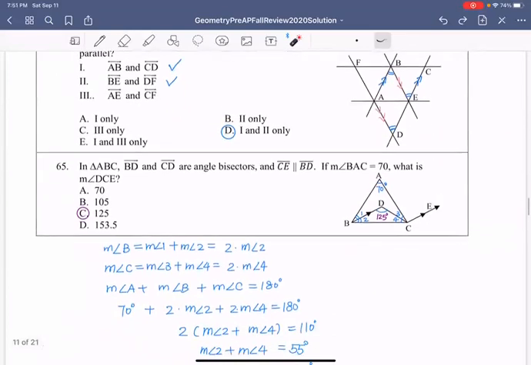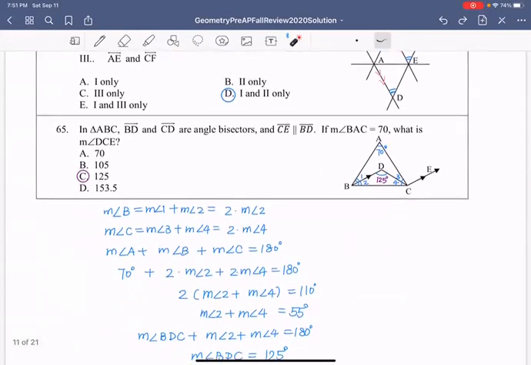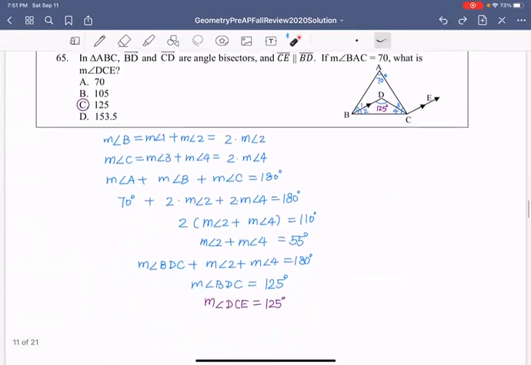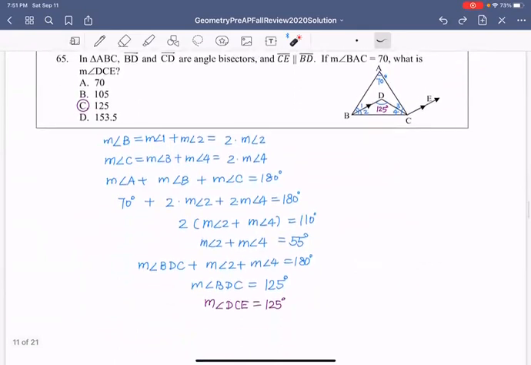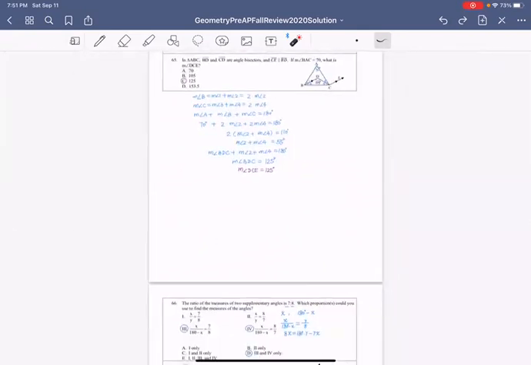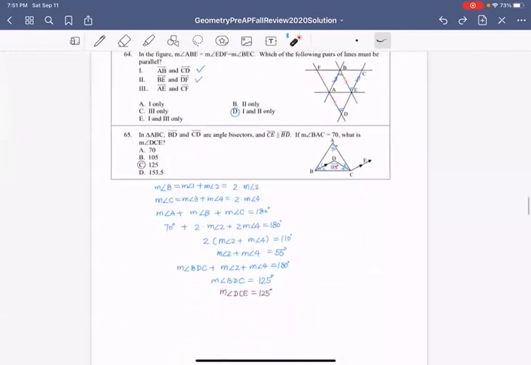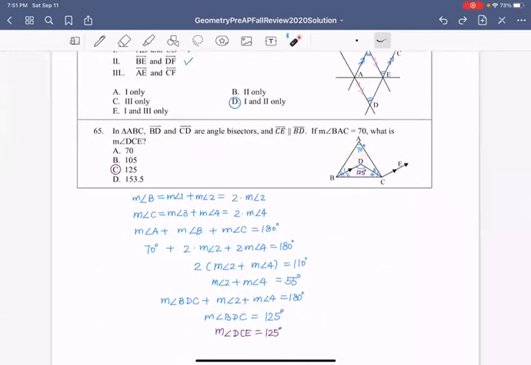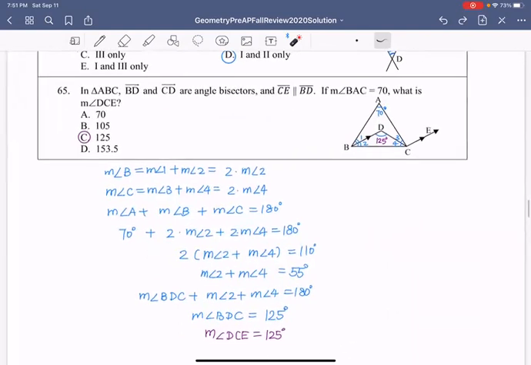Next one, 65. Albert. Yeah, this is a hard question. Okay, Albert, go ahead, read question 65. In triangle ABC, line BD and line CD are angle bisectors, and line CE is parallel to line BD. If the measure of BAC equals 70, what is the measure of angle DCE?